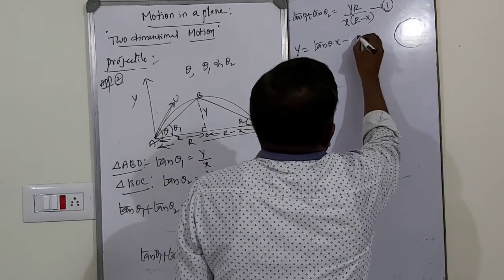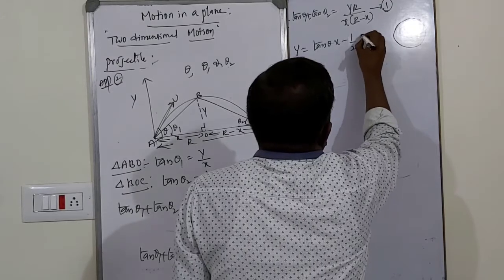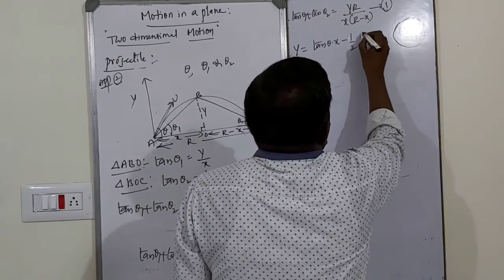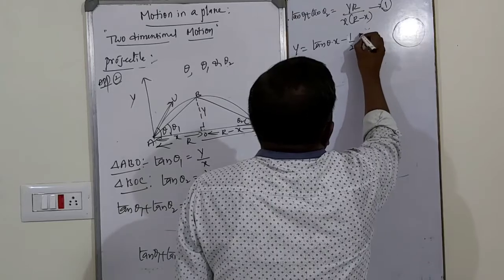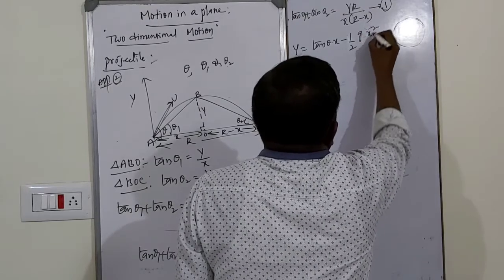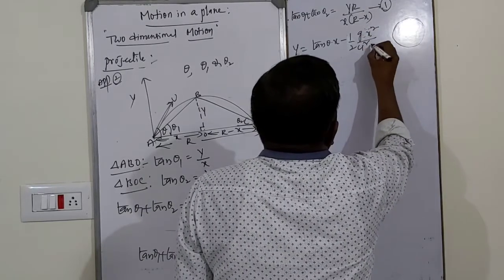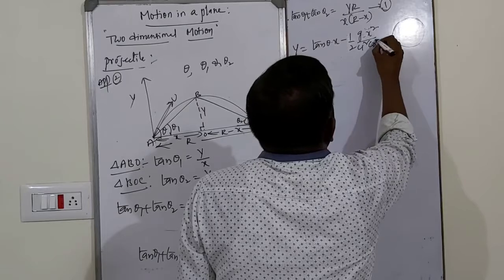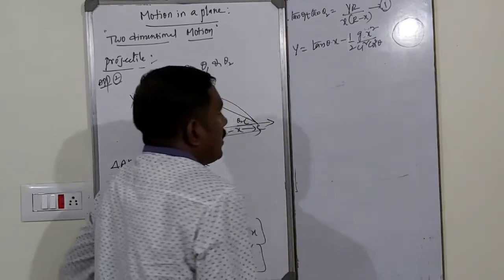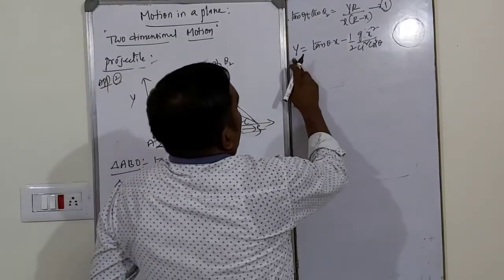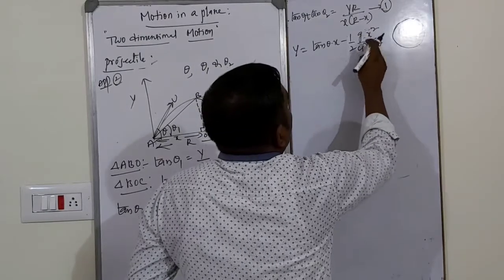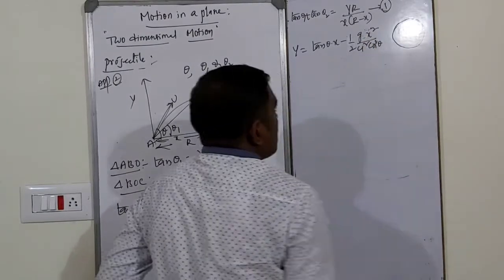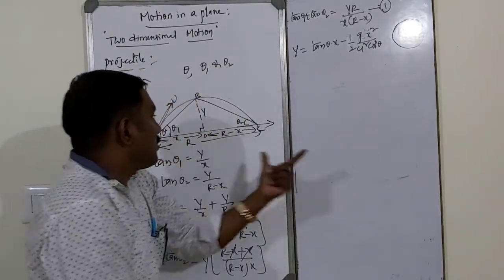That is 1 by 2 g by u square cos square theta. See, y is equal to tan theta x minus g x square by 2 u square cos square theta. This is the parabolic equation.